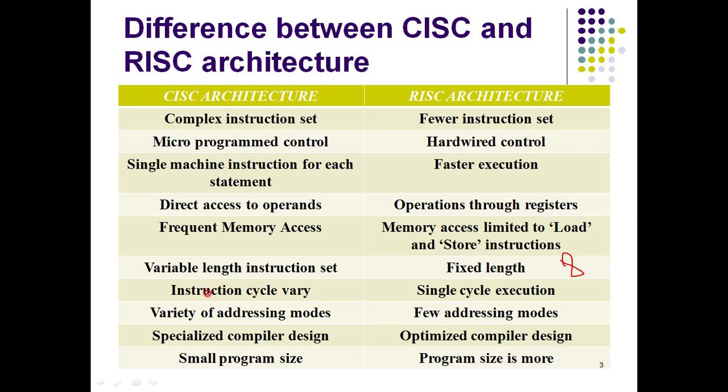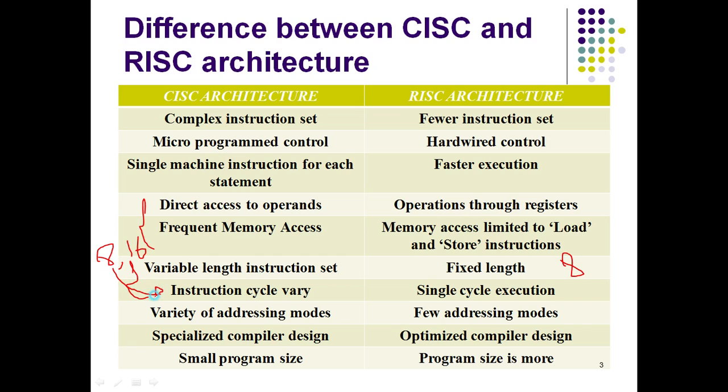Going to the next very important thing, your instruction cycle. Please note here, friends, these two points are connected to one another. So this is the way you can remember the difference. Since we have variable length instructions here, the instruction cycle also varies. For example, if I want to fetch an 8-bit instruction, the cycle will be different.